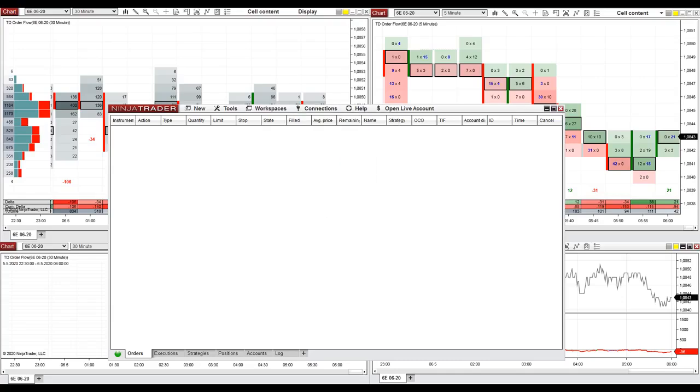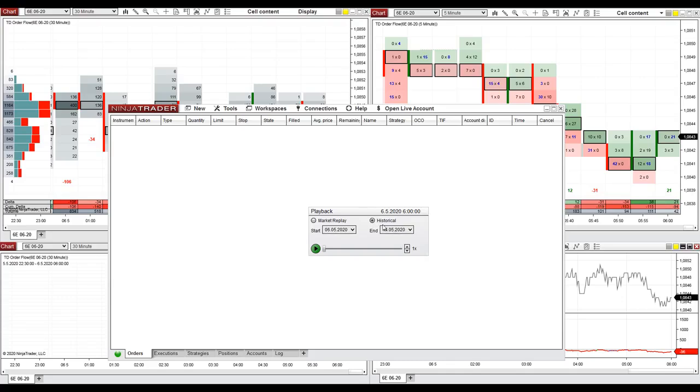When you are connected, this little window will pop up, and what you want to choose is this historical playback. You don't really need the market replay because this just loads too much data, and it loads level 2 data which we don't need. We only need the historical data.